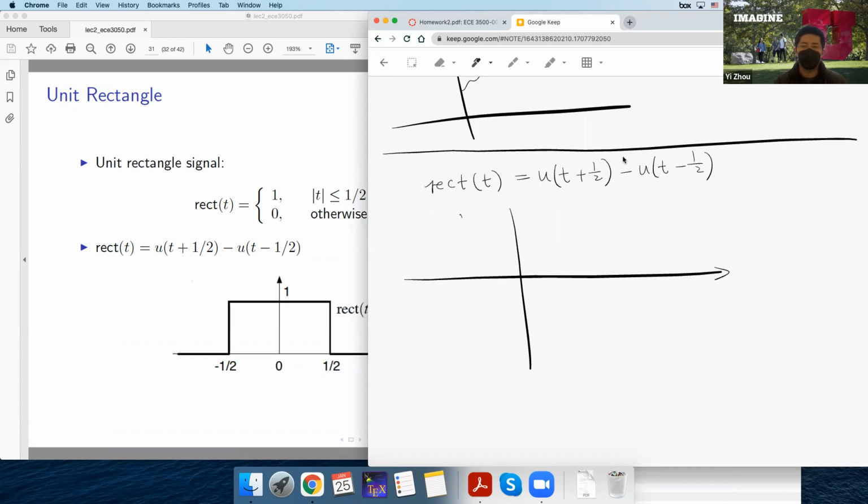So let's look at this one. The unit step function looks like this, with the jump at 0. And the first signal is shifting the function to the left by 1/2, so we will generate this unit step function. And similarly, the other one is shifting to the right by 1/2.